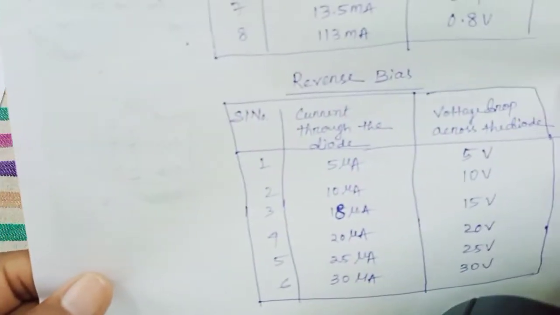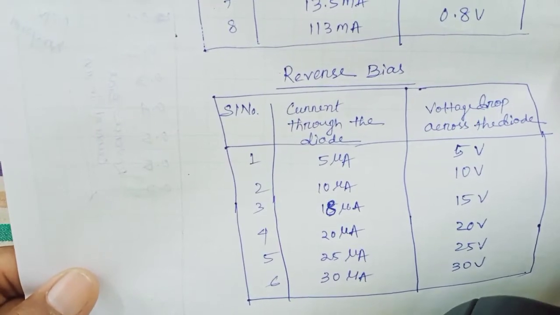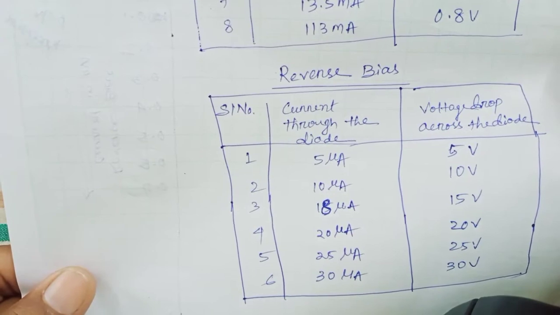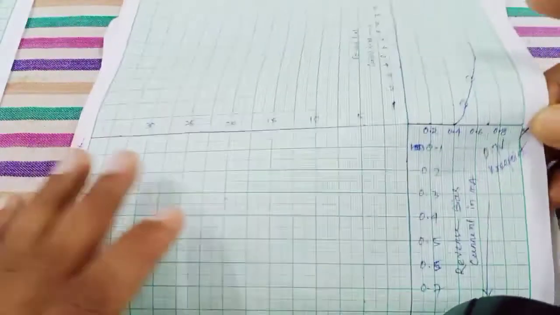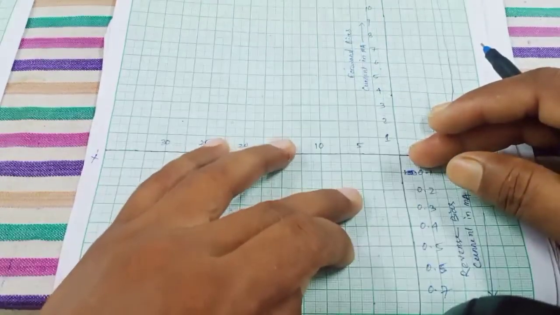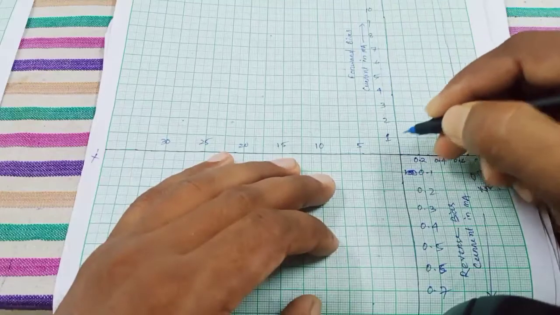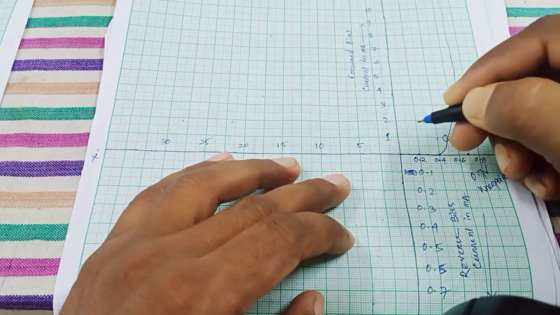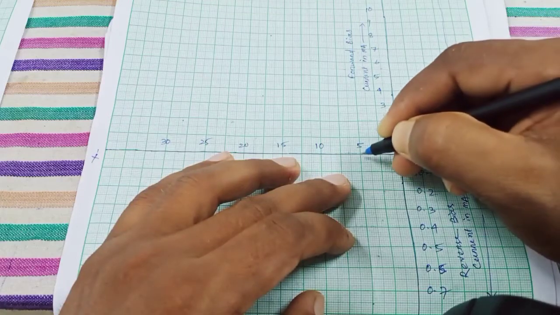Again we plot the reverse bias. This is a reverse bias reading: at 5 volt, 5 microampere. Here at 5 volt, 5 microampere means approximate to 0.